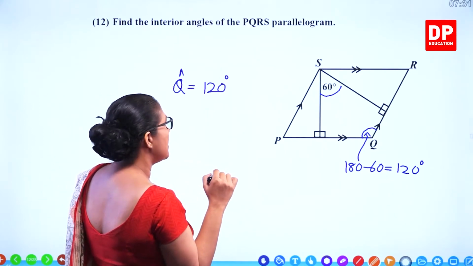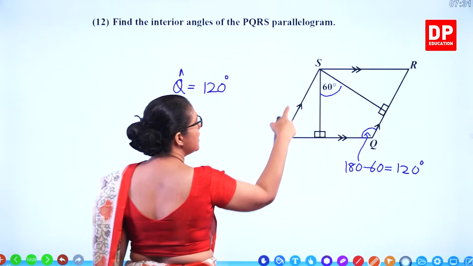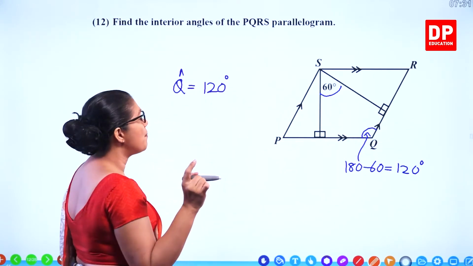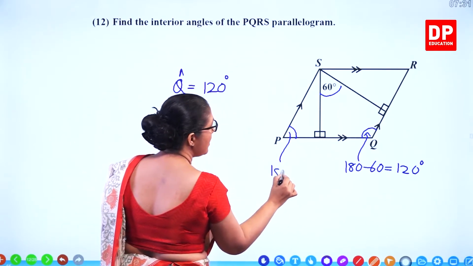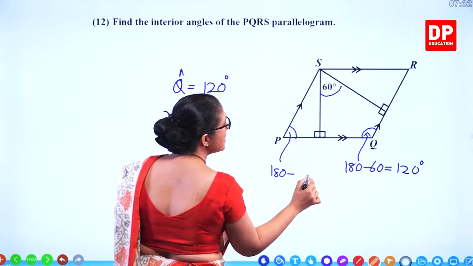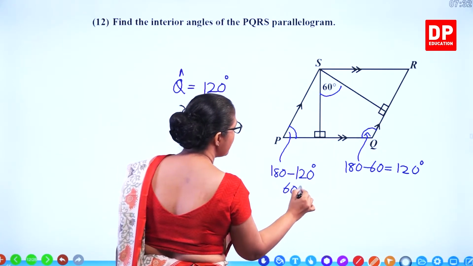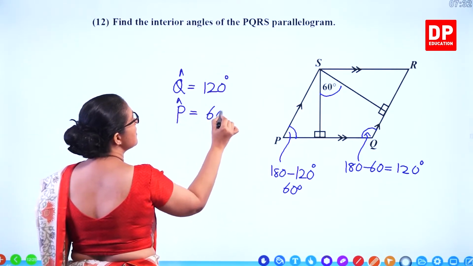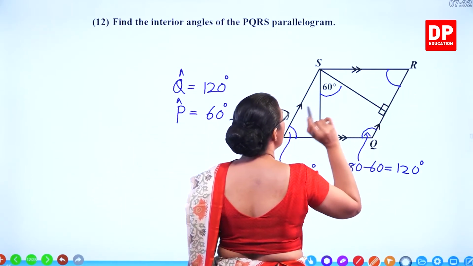Then what else? What are the other possibilities? Now you can find this angle. These two lines are parallel. Allied angles add up to 180. So what is P angle? 180 minus 120, that's 60 degrees. So P angle is 60 degrees. We know opposite angles of a parallelogram are equal.